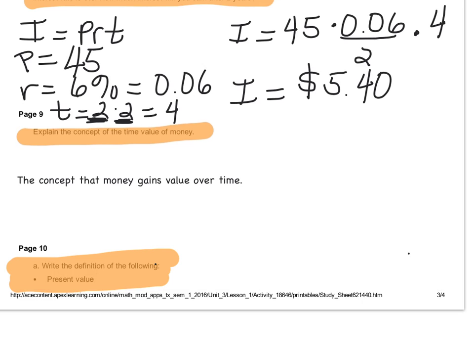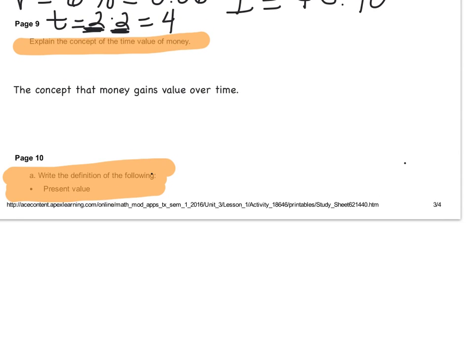So the notes look a little bit different, but that's okay. We're going to keep it moving. So it says, write the definition of the following: the present value. I'm going to write that on the next one.